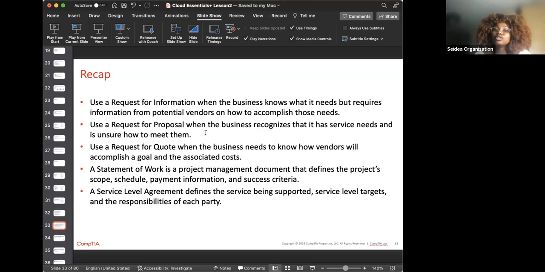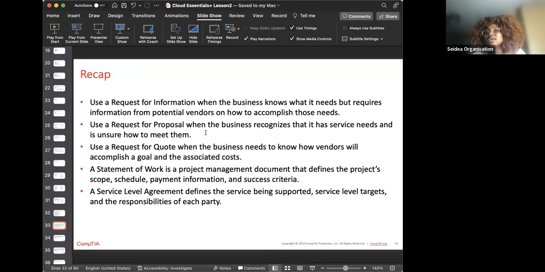The use for a request for quotes is when a business needs to know how vendors will accomplish a goal and what the associated cost would be. The statement of work is a project management document that defines the project's scope, schedule, payment information, and success criteria.